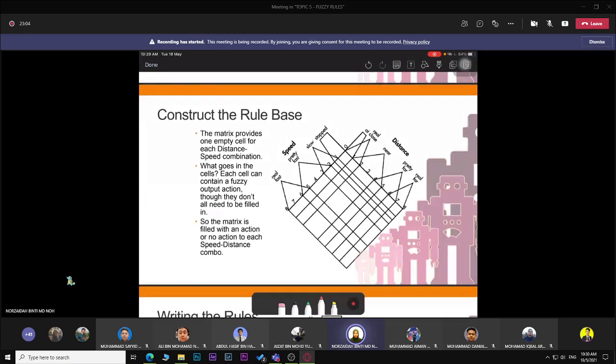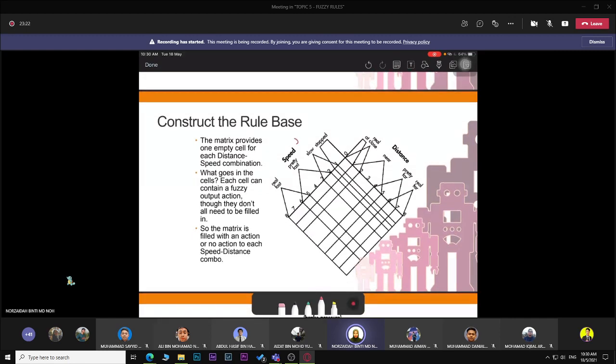Okay, how do you construct the rule base? Okay, macam mana kita nak construct you punya rule base? Ni contoh kita buat dalam bentuk matrix. Okay, contohnya dalam sistem you ada dua input variable. Okay, ataupun dua, yang ini, speed, distance. Yang ini adalah input, yang speed adalah input.